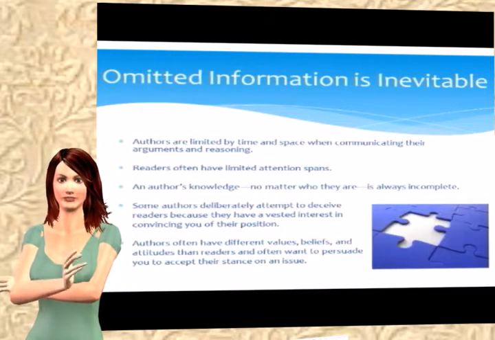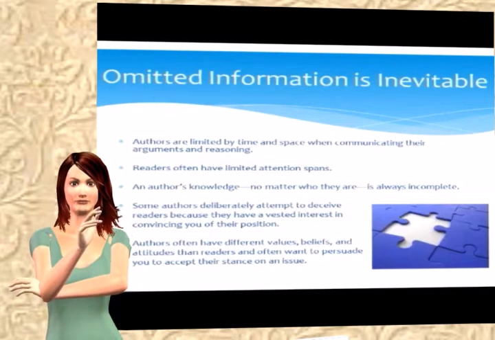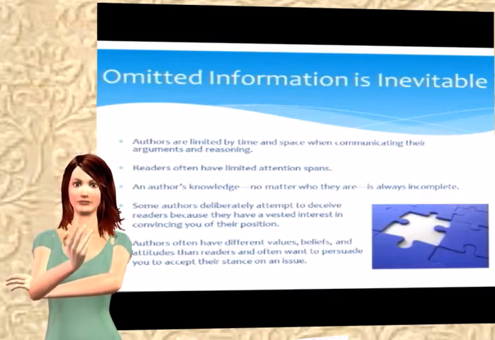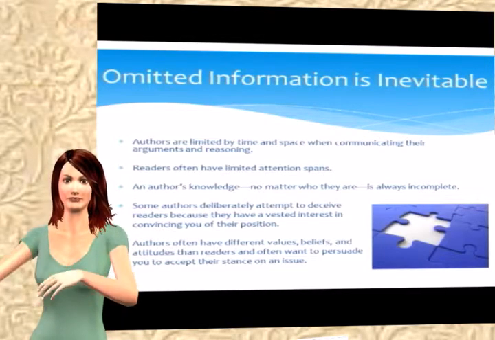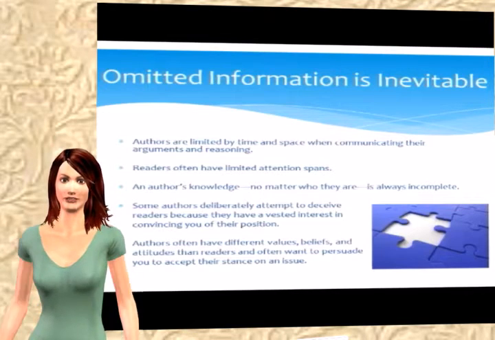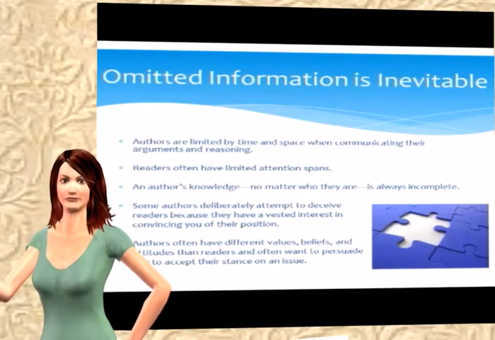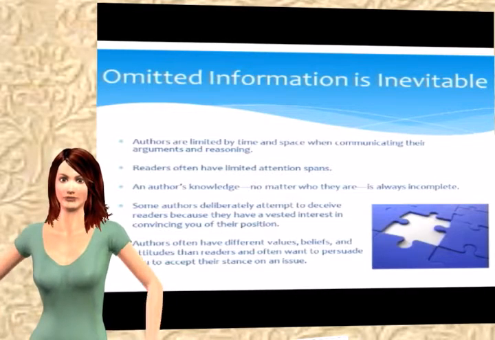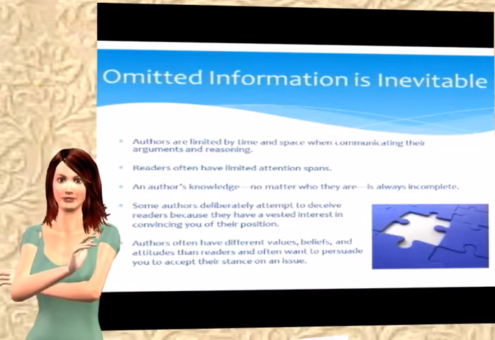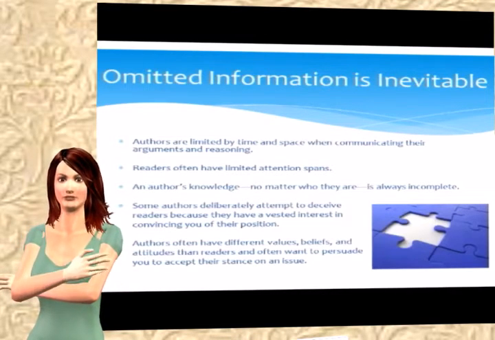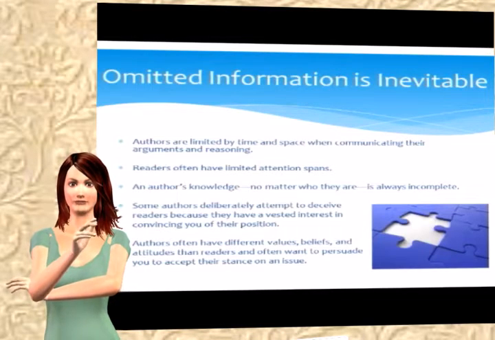Even books can only be so long, and shorter types of media, newspapers, television shows where people only have a limited number of minutes maybe to communicate their reasoning, like presidential debates, if you ever watch those. They only have so much time to talk about things, and so it's inevitable that certain pieces of information are going to be omitted. Another reason is that we as readers often have limited attention spans. We can only take in so much information at any one time.